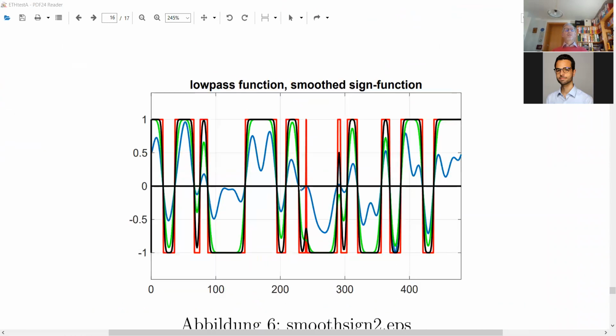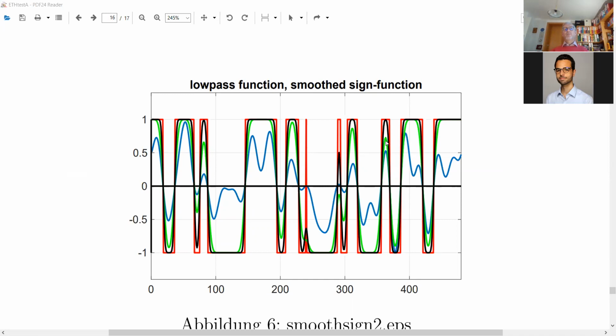What I actually did was some smoothing of the red curve. And you see two different versions of the smoothing. The first one was the green one, and the second one was the black one. You could say the green one is more beautiful, but it's not exactly plus and minus 1, so it's not very close to the red one, whereas the black one is already closer and will be more suitable.